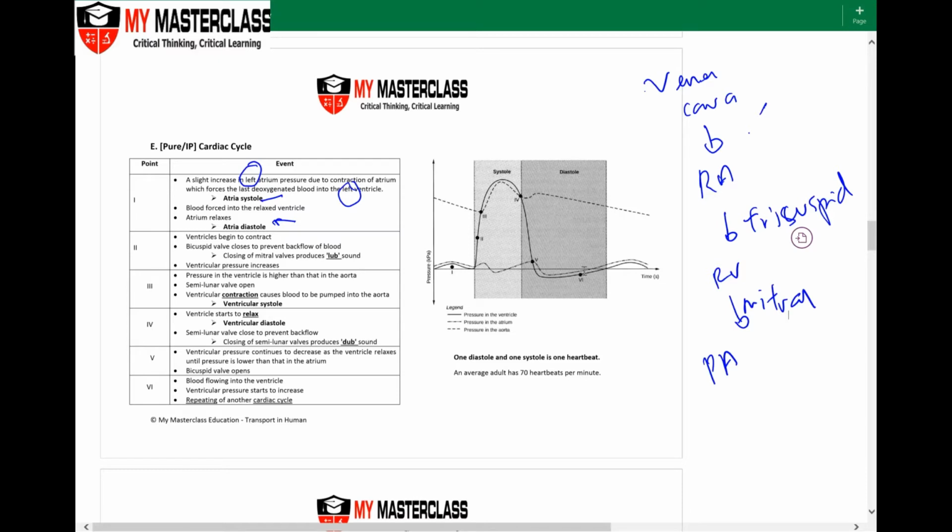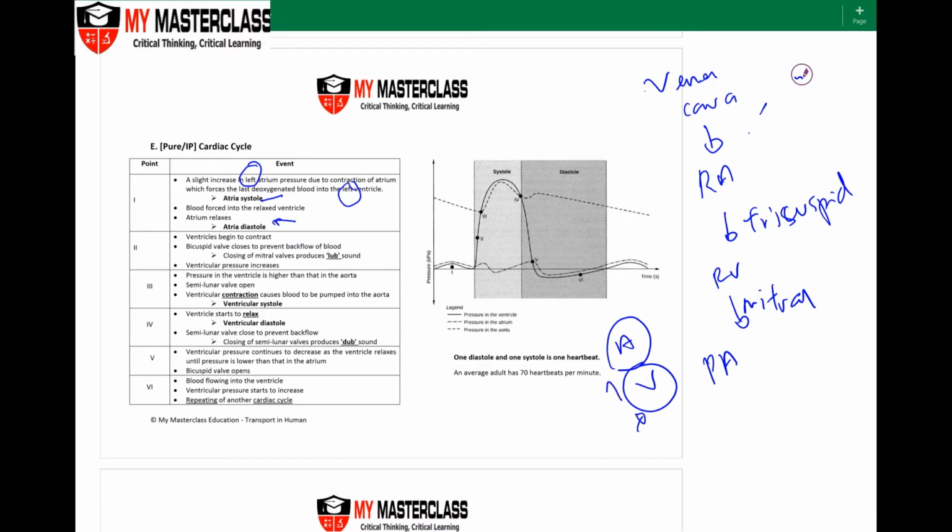Imagine this is my atrium, this is my ventricle. When the ventricles contract, blood can possibly backflow, which you do not want, which is why the tricuspid valve will close. Slowly, as the blood is in the right ventricle, following my cursor, the right ventricle pressure will start to increase as it contracts.